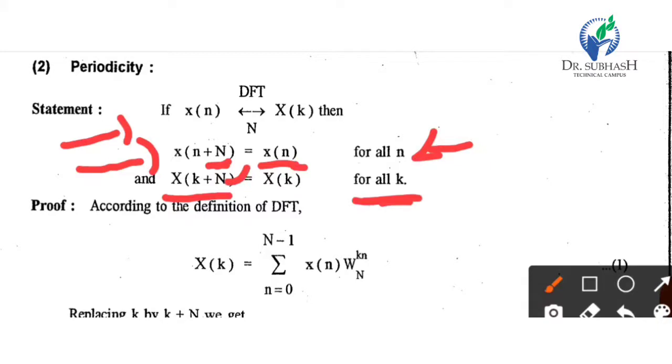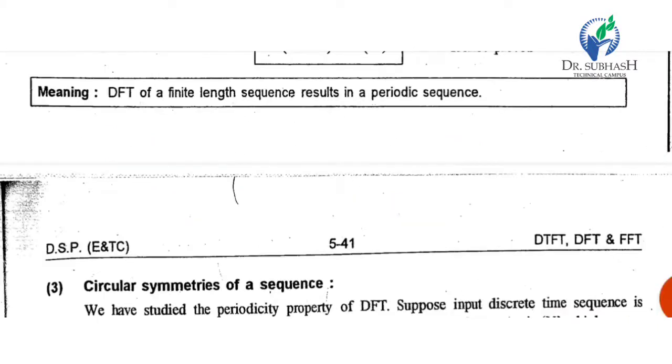So it is called periodicity. The meaning of this property is that the DFT of a finite length sequence results in a periodic sequence.